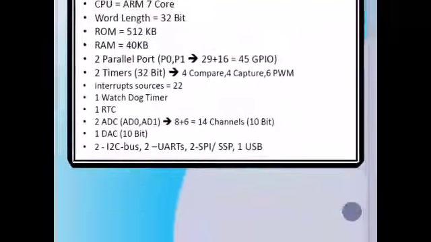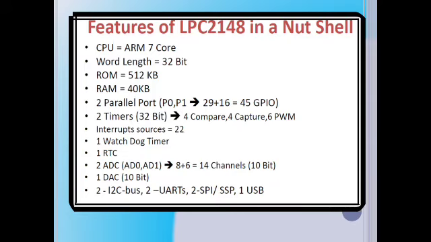The important features of this LPC2148: it has ARM7 as a core processor with a 32-bit size, and the read-only memory inside this is 512 KB and the random access memory is 40 KB. It is provided with 2 parallel ports and 2 32-bit timers with 4 capture and compare units with 6 PWM channels.